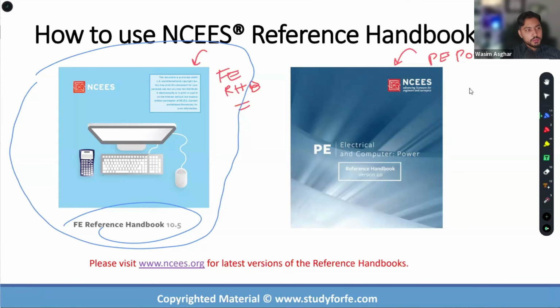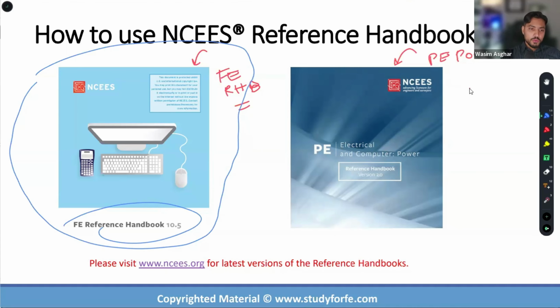The FE reference handbook, if you are paying attention to the reference material that they have provided under each and every one of the topics, say digital systems, electromagnetics, communications, mathematics, applicable for the FE electrical and computer exam, and making sure that you understand the concepts inside out, then you are setting yourself up for success.